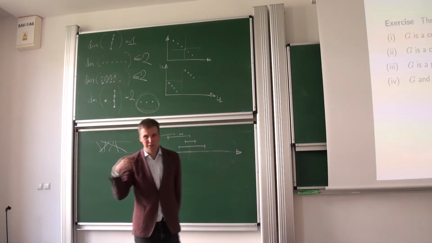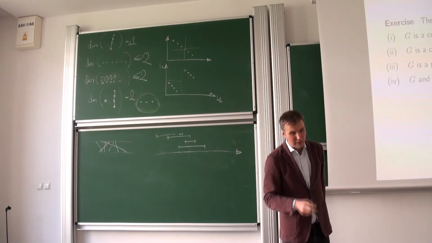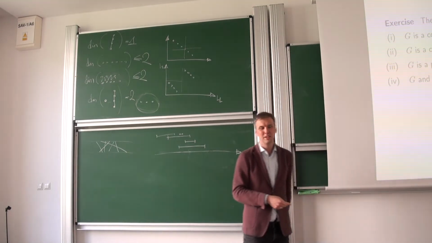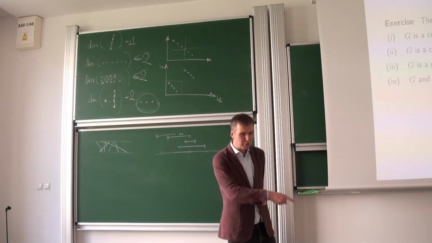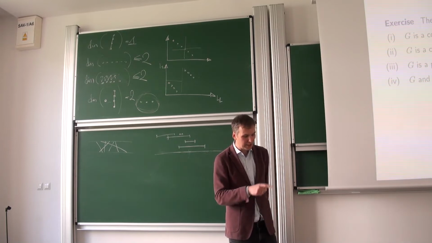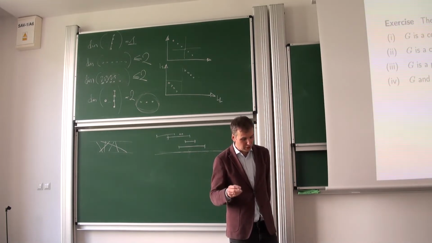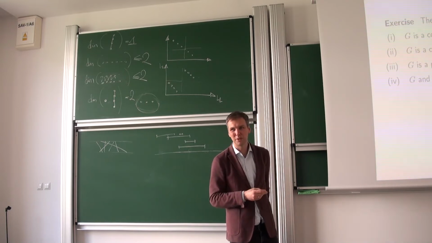There is a reason why it's called permutation graph, and it's there. The fourth one is something you maybe haven't seen, and it will be useful just in the next line. So it says that, well, G and the complement of G, both are comparability graphs.